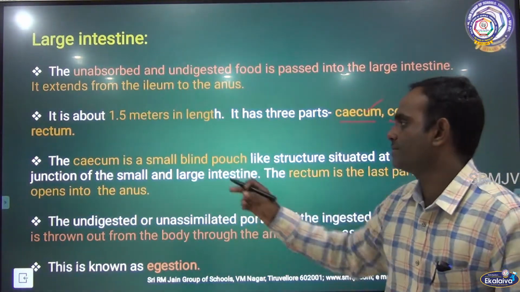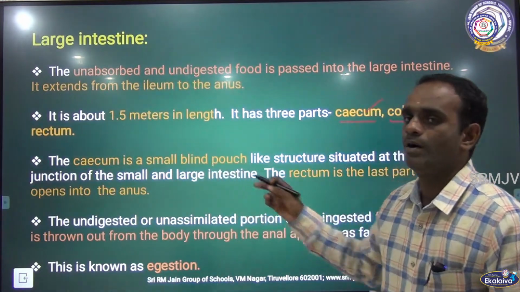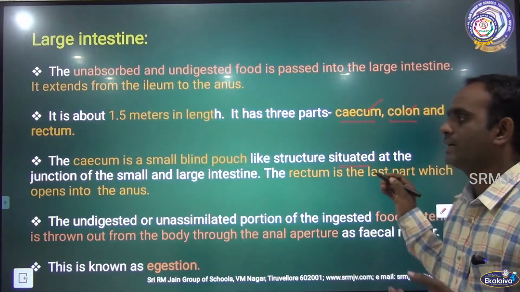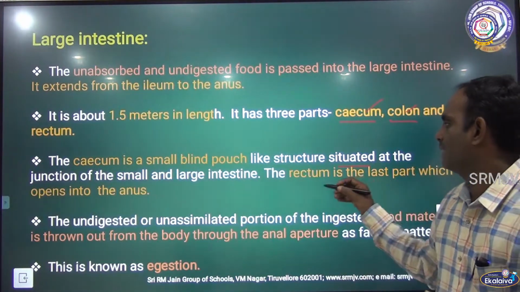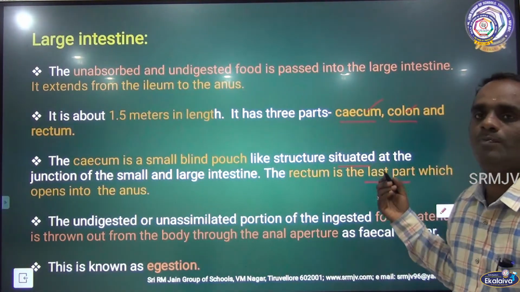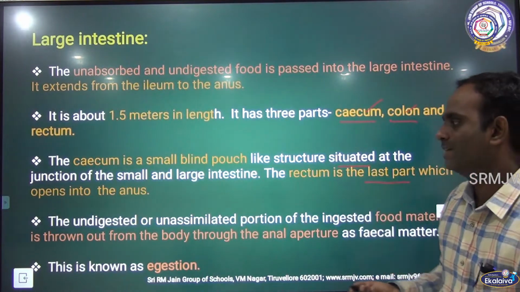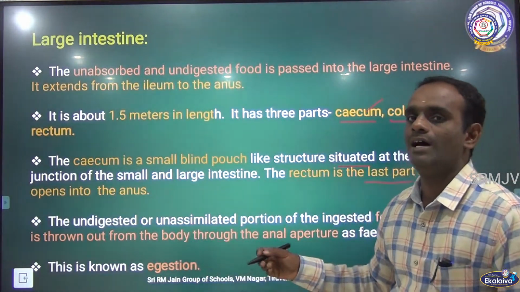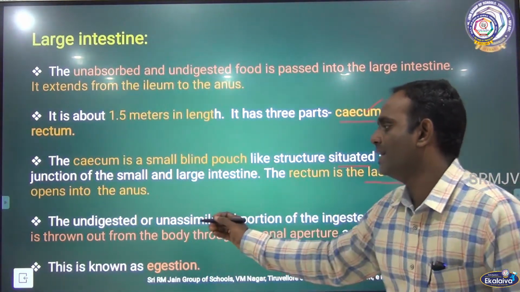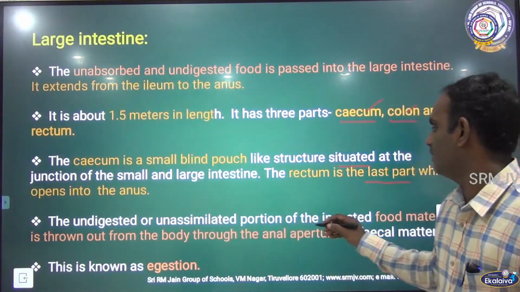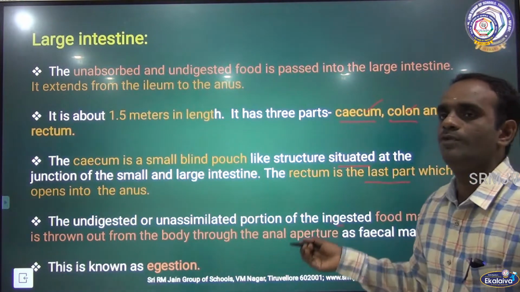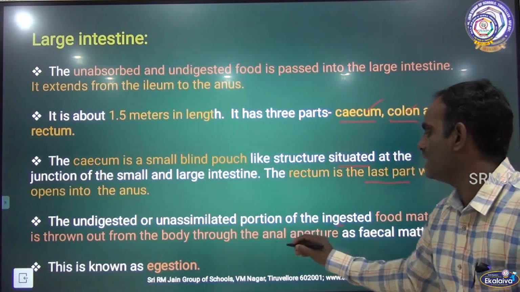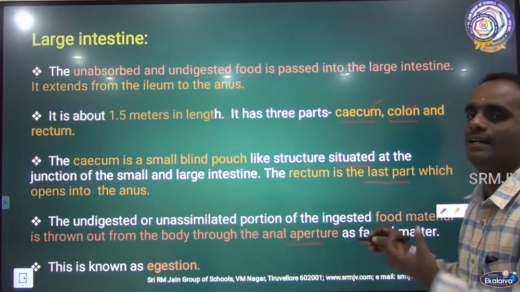The cecum is a small blind pouch-like structure situated at the junction of small and large intestine. The rectum is the last part which opens into the anus. The undigested or unabsorbed or unassimilated portion of the ingested food is thrown out from the body through the anal aperture as fecal matter.